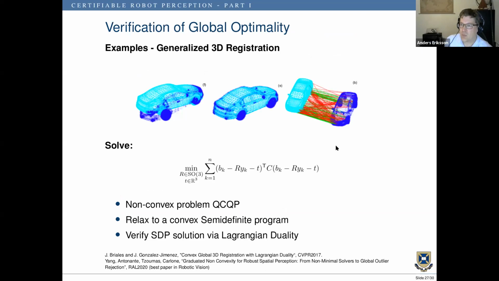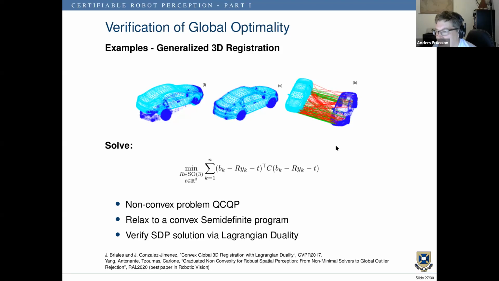An example of the first one is this problem here. It's called generalized 3D registration. Here you want to register two 3D shapes with each other. You want to find the rotation and the translation that aligns them as well as possible.